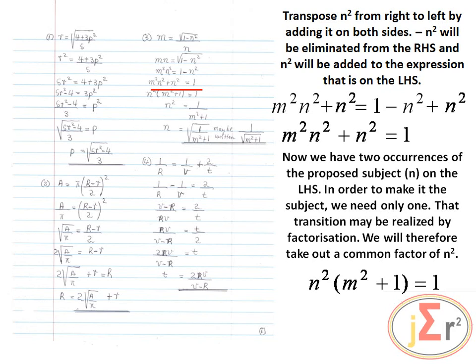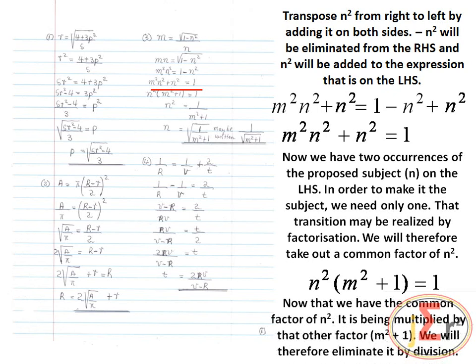So we have two occurrences of the proposed subject and we need only one. And we are saying that that transition may be realized by factorization. We will therefore take out a common factor of n squared. Now that we have the common factor of n squared, it is being multiplied by the other factor, and we call the other factor the large factor.